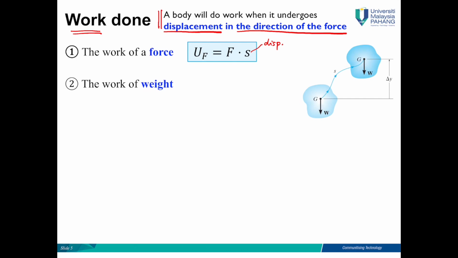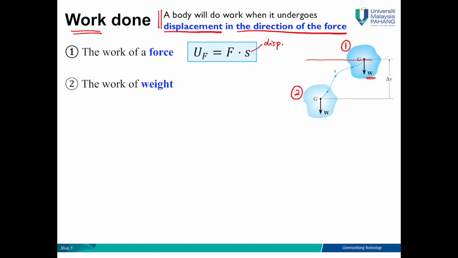The second type is the work of a weight. Whenever a body undergoes a change of height, for example, this is the initial position number 1, and because of the weight, after the rigid body is released, it travels down or goes up, and definitely there is work done by the weight W here.